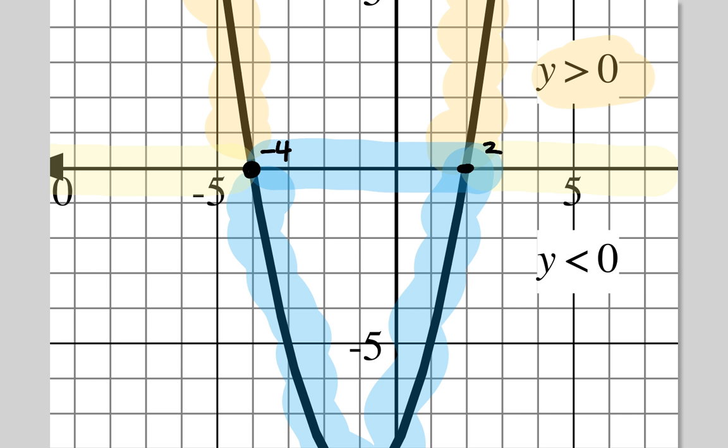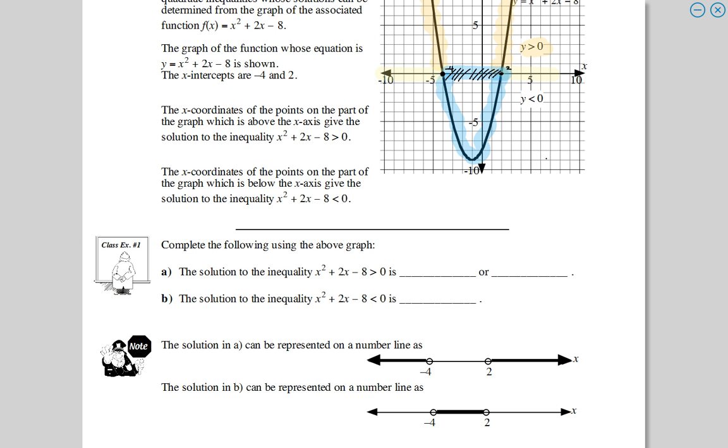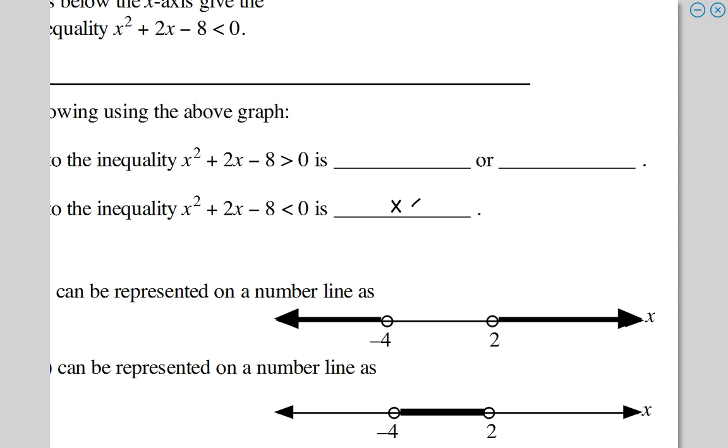Of course, you could find those places by factoring or the quadratic formula. First of all, where is it negative? In here, right? So how do we write that interval? You'd say x has to be less than 2 but greater than negative 4.